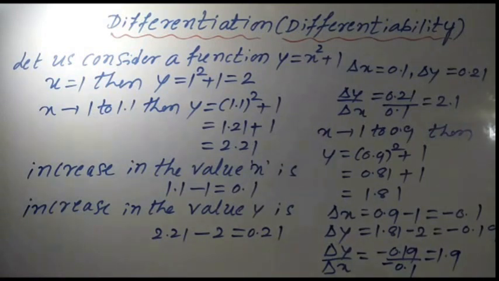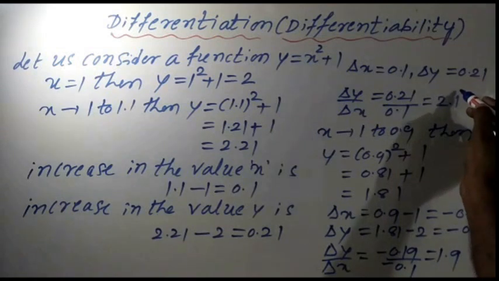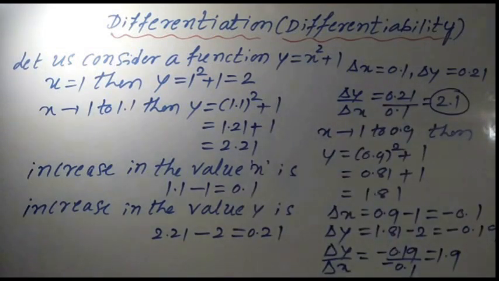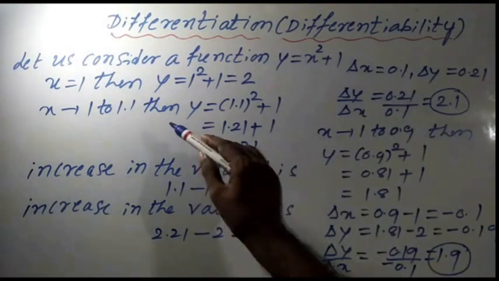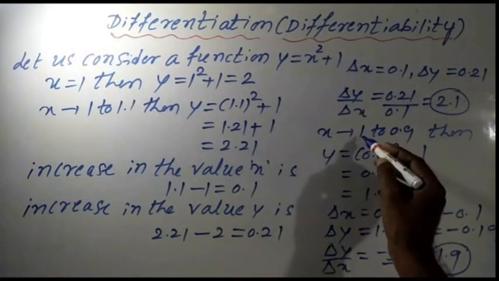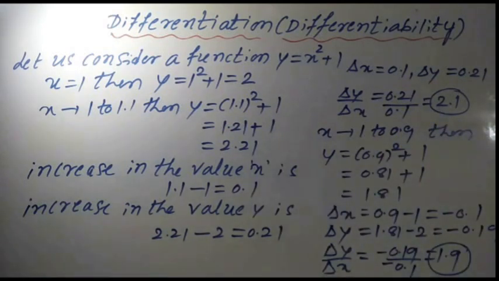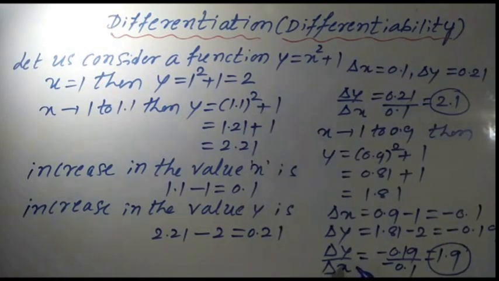Okay, look here. Here delta y by delta x for x changing from 1 to 1.1 is the incrementary ratio. Here delta y by delta x for x changing from 1 to 0.9 is the decrementary ratio.